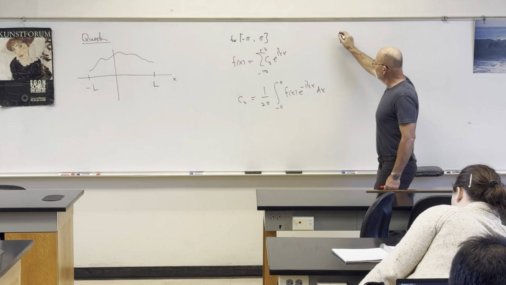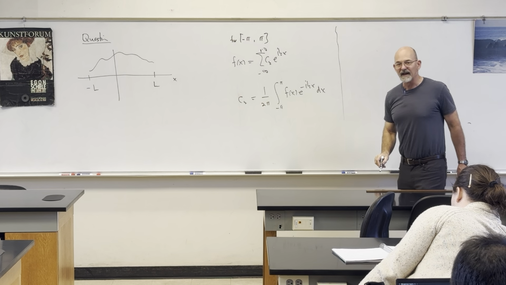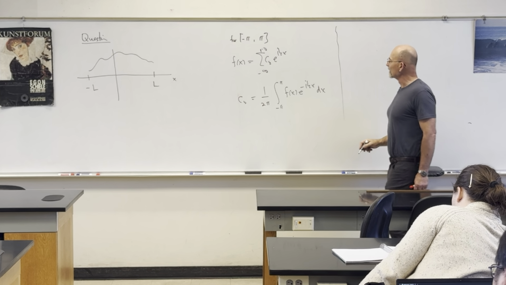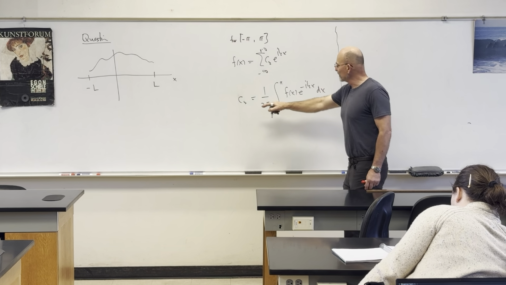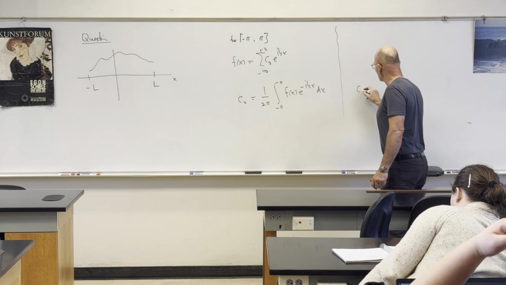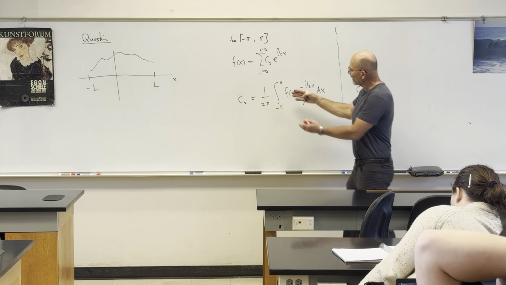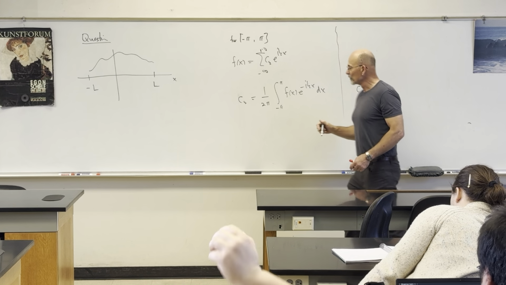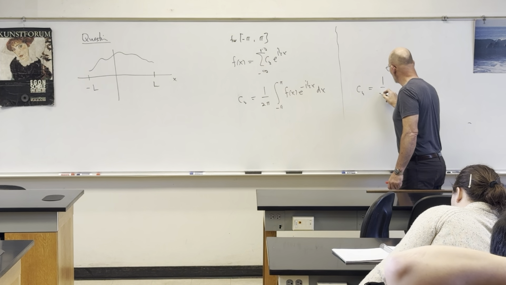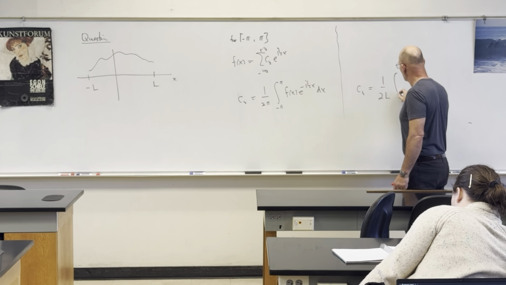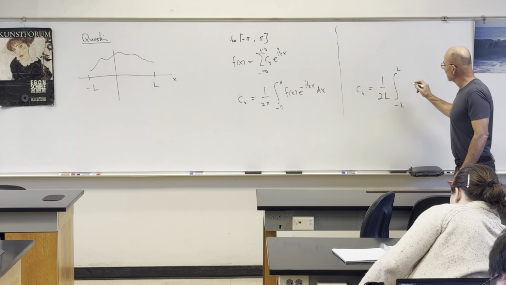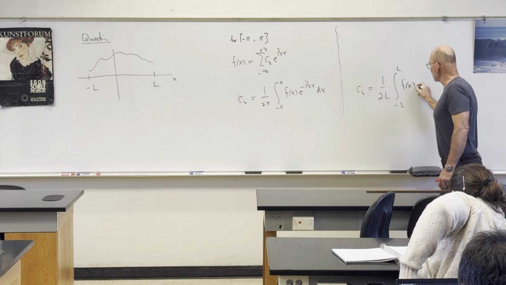So what do you think we're going to do for minus L to L? We could start either place. This is the length of the interval, so it will be 1 over 2L, integral from minus L to plus L. We've still got a function here.